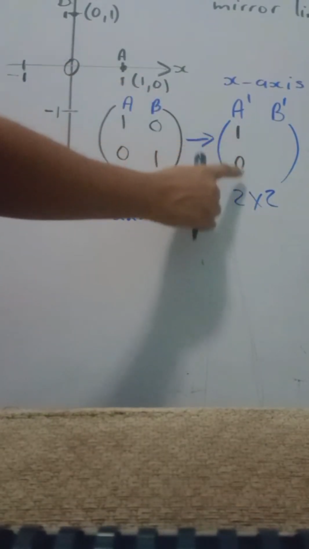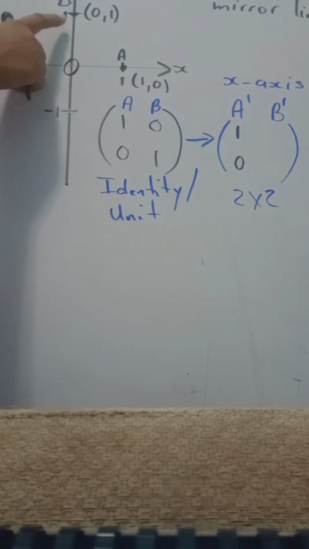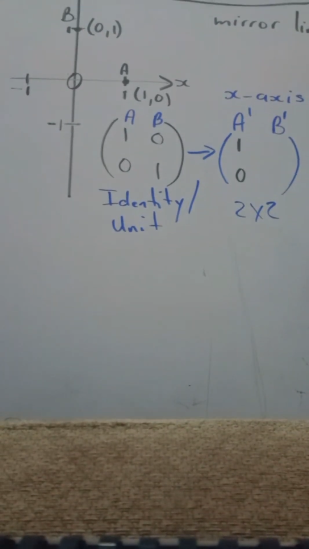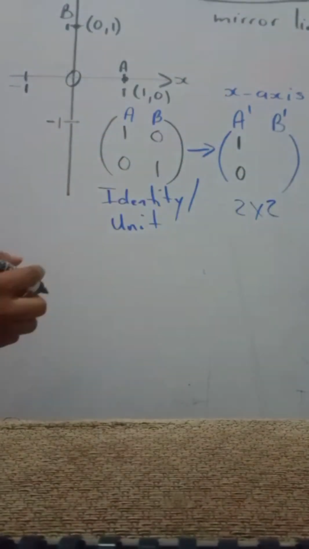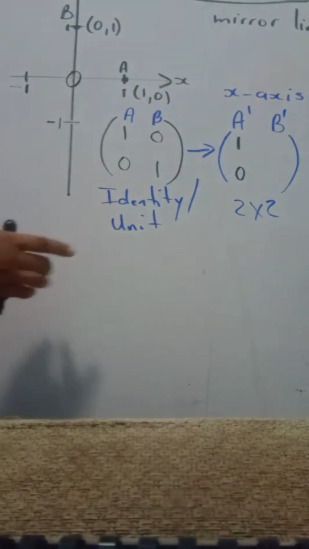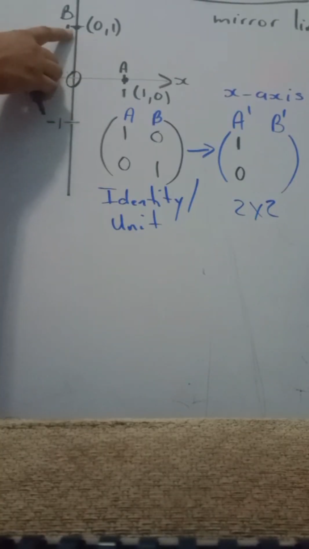I've obtained 1 coordinate already, and now need to observe B. Observing point B, I'm trying to conclude the matrix that would represent an x-axis reflection. So now I'm looking at point B. Point B is 1 unit above the x-axis. For a reflection, it means that it must be a flip.